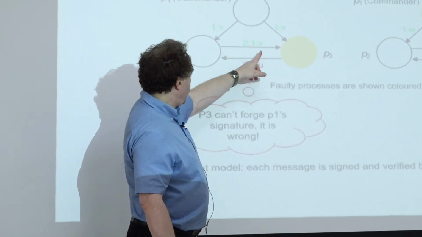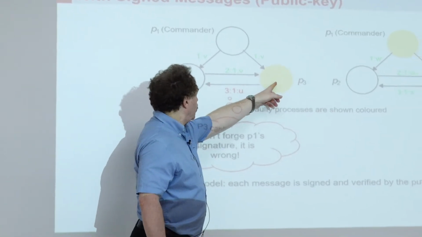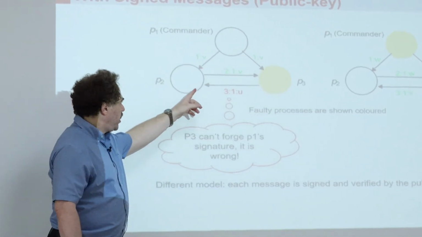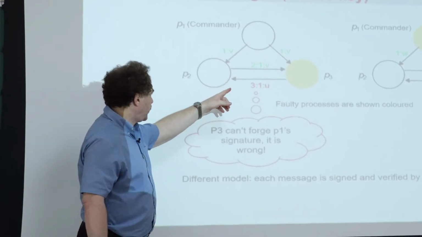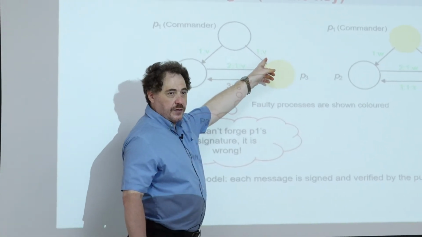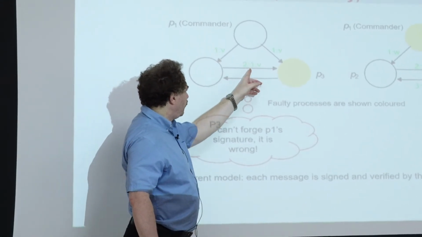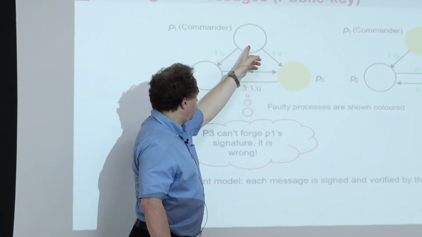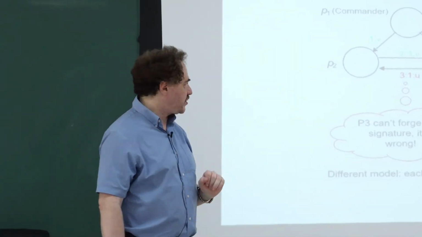So when reporting to P2 about what it heard from the commander, it would not be able to change the value, because the value of 1V was signed. And when forwarding the message to P2, it would also need to forward the signature from the commander. And it's not able to forge the signature and tamper with the message.